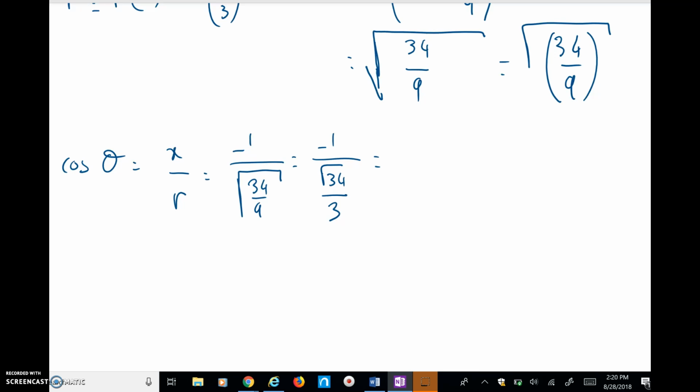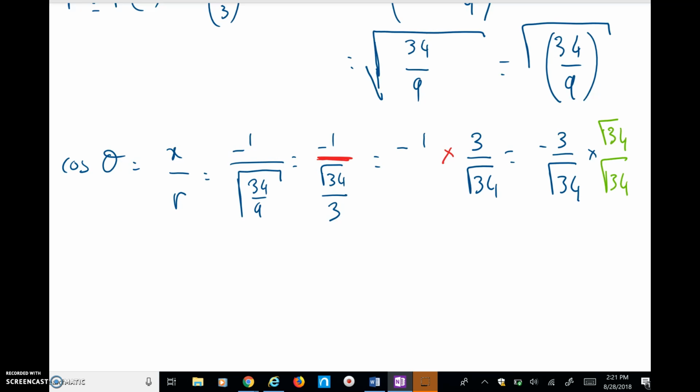And you end up with negative 1 multiplied by, you convert the main fraction into a multiplication, and that means you are going to flip your second fraction. You with me? Okay, so now you're getting negative 3 divided by the square root of 34. You multiply top and bottom by the square root of 34 to get rid of the square root. We are rationalizing the denominator, and we end up with cosine of the angle theta equal negative 3 square root of 34 divided by 34.